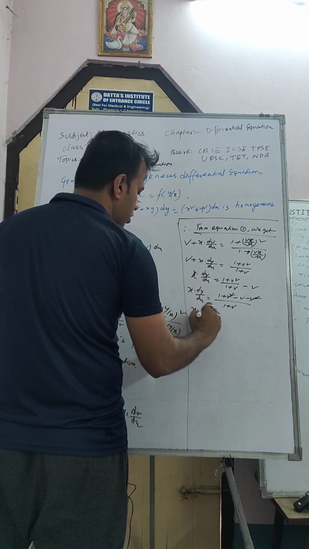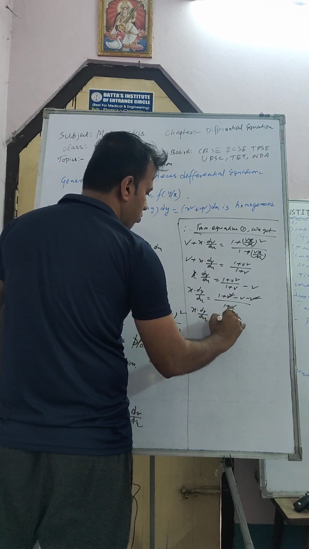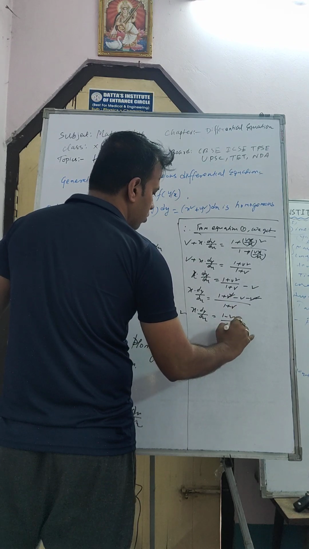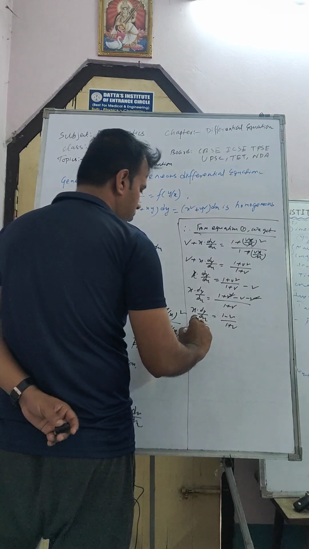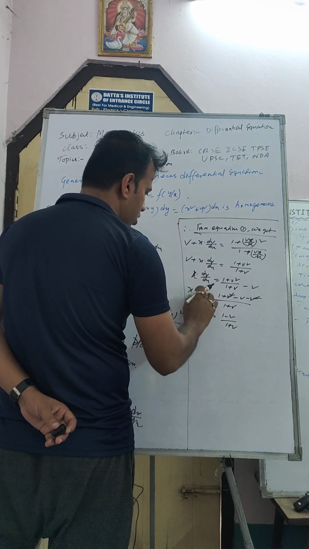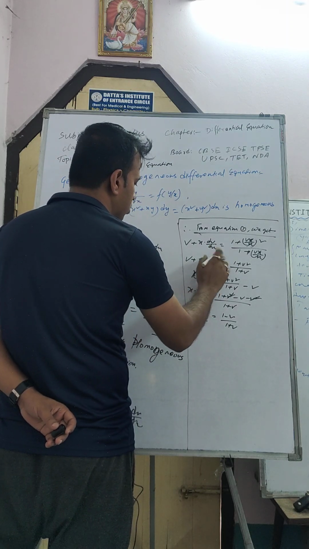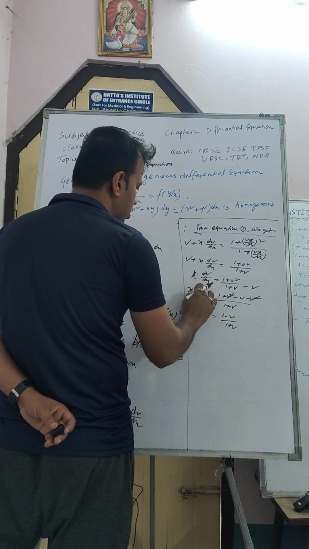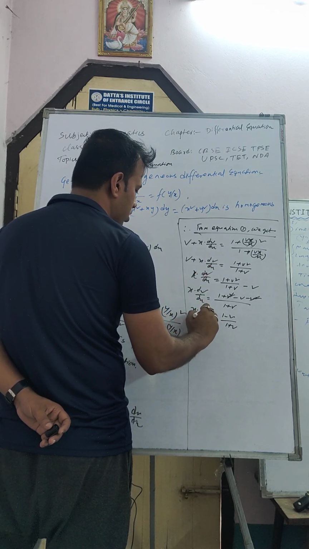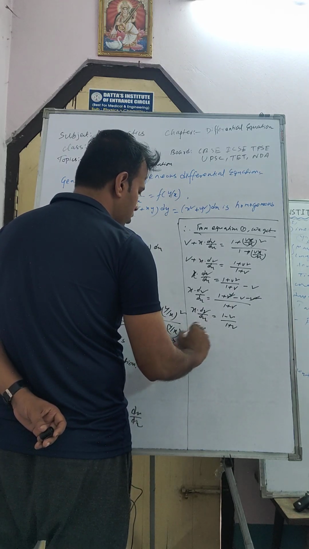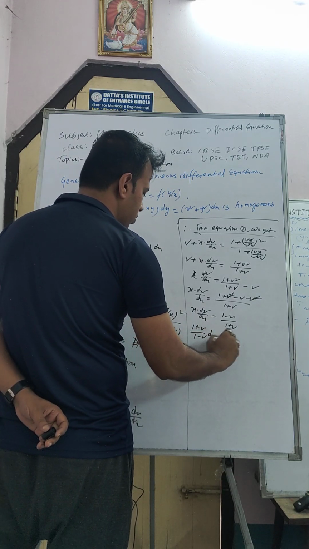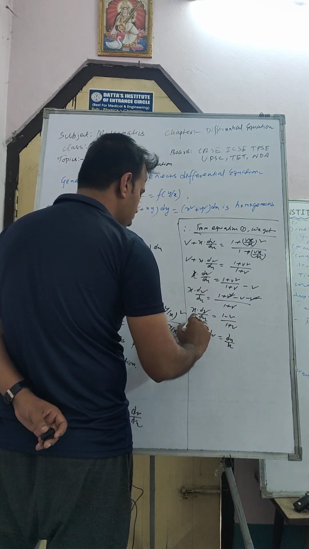Okay, so x dv by dx is equal to 1 by 1 plus v. Now simplify this one. It will be 1 plus v by 1 minus v dv equal to dx by x.